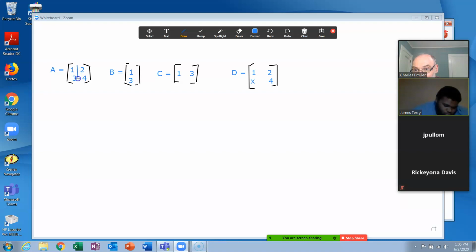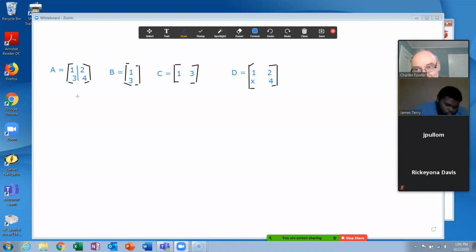What I've just done is what they call partitioning that matrix. That square 2 by 2 matrix I partition into 2 column matrices. 1, 3 is the first column matrix, 2, 4 is the next. You could have done a horizontal line and made them 2 row matrices: 1, 2, a row matrix, and 3, 4, another row matrix. This is called partitioning a matrix, okay? We will do a little bit of that, but really not very much. I have no idea why they introduced it here. We're not going to use it for a while, okay?